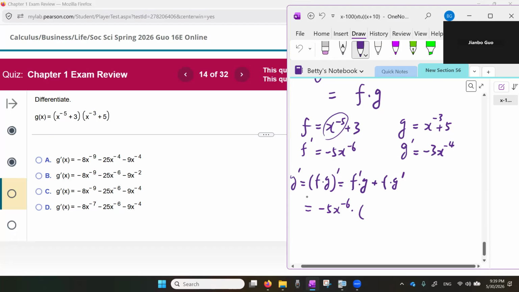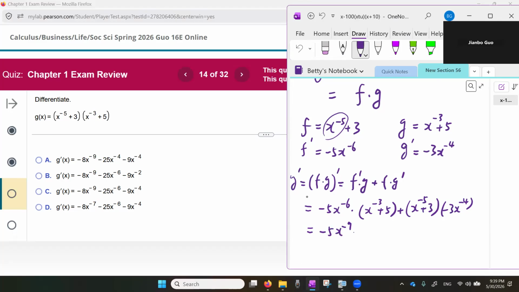G is x 93 plus 5 plus f x 95 plus 3. G prime is 93x 94. And then we're going to have to distribute anyway. So this one gives 95x 99 minus 25x 26.